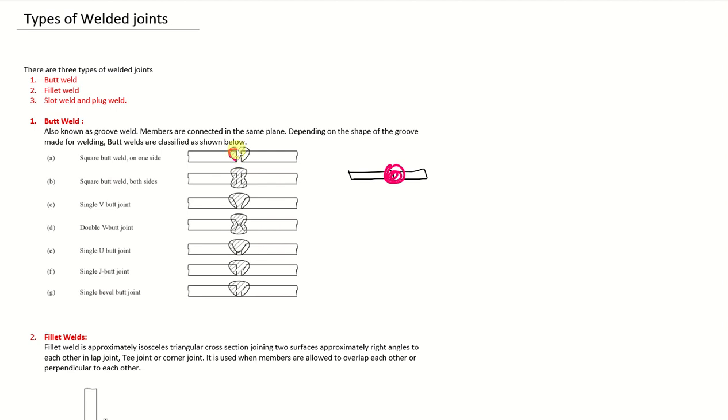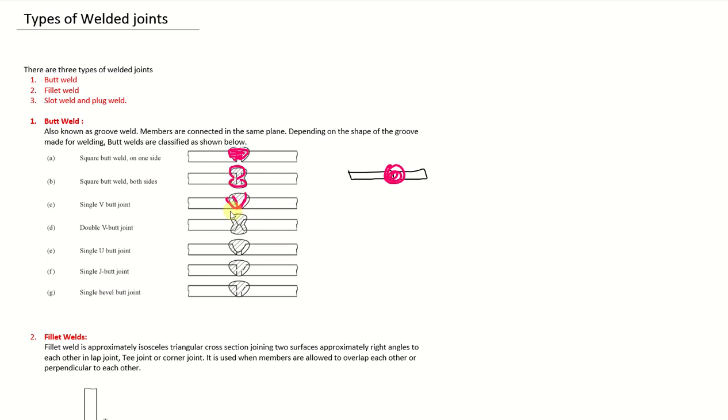You can see only one part of the joint is welded. Square butt weld both sides. So this square butt weld, square single V butt joint, double V butt, these are all depending upon the shape of the metals you are joining together. Here there is a square butt weld but both sides. Single V butt joint. This is like V connection and you are giving a welded joint on one side.